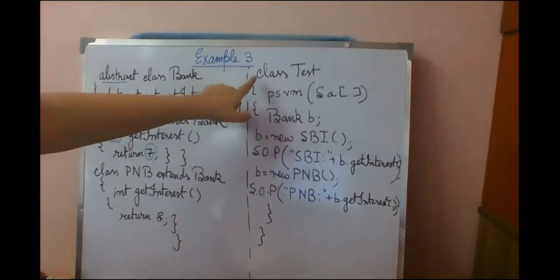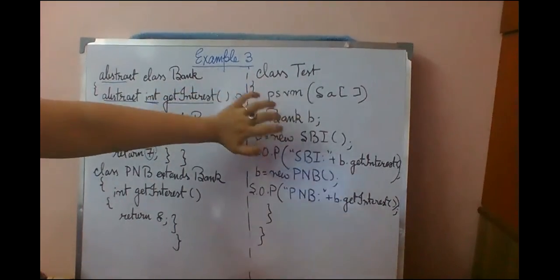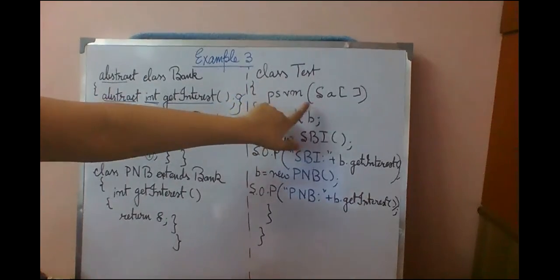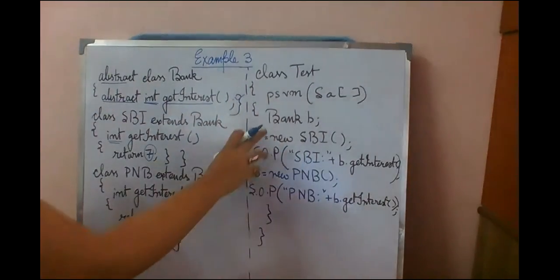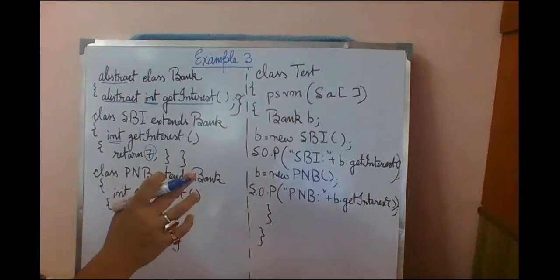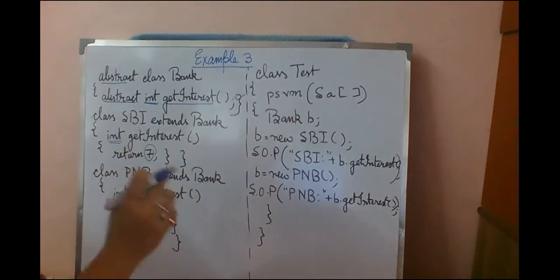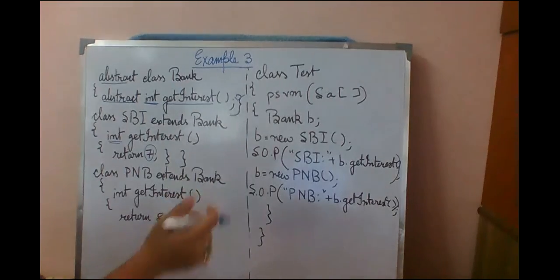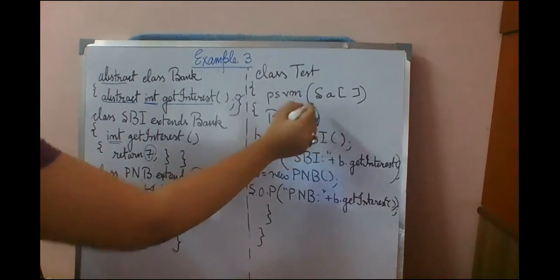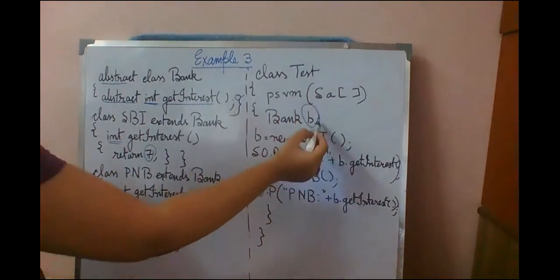Now, inside class Test, we have the main method, public static void main, String arguments. It's not mandatory that every time you have to write Bank B equals new SBI, Bank B equals new PNB. We can simply create a reference of Bank and put a semicolon here.